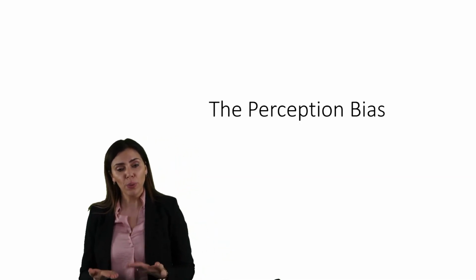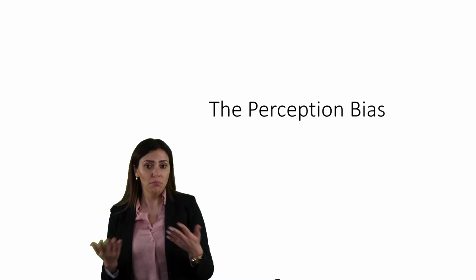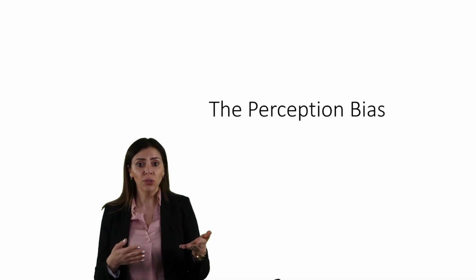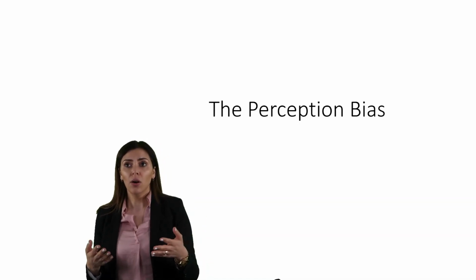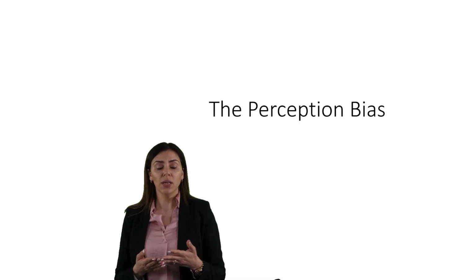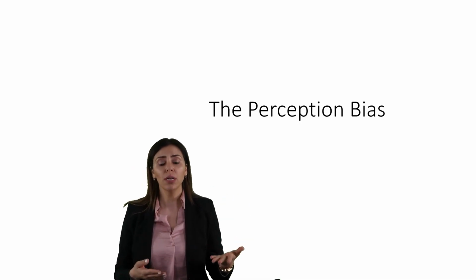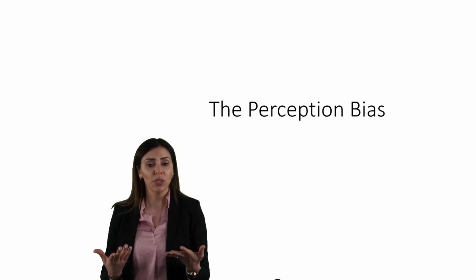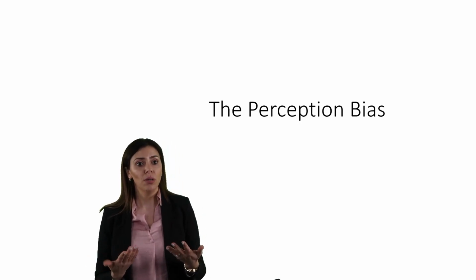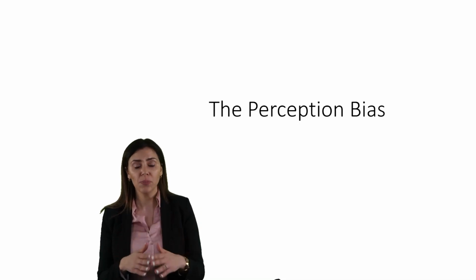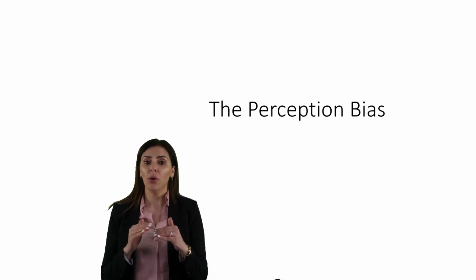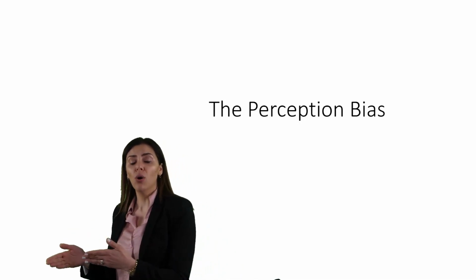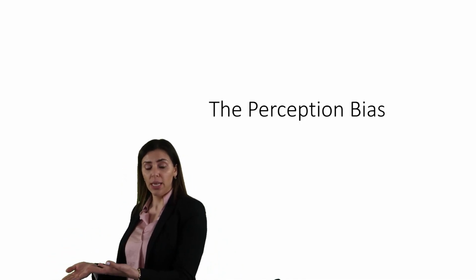The reasons for the perception bias are multiple. They could be related to one or more reasons. The most known reasons could be either our selective perception, and that is that we usually see what we want to see based on our own culture, our own experience, our own knowledge, our own situation, or because of the overload of information.